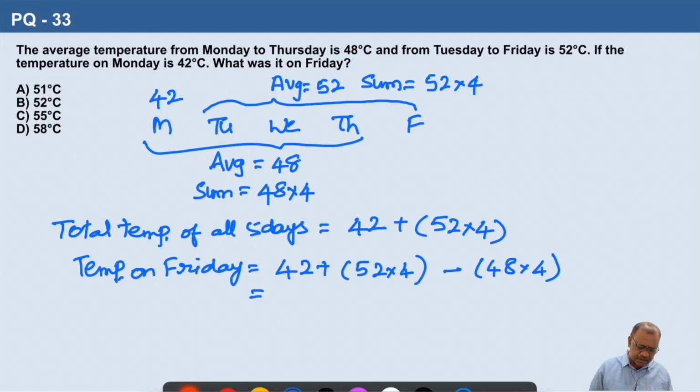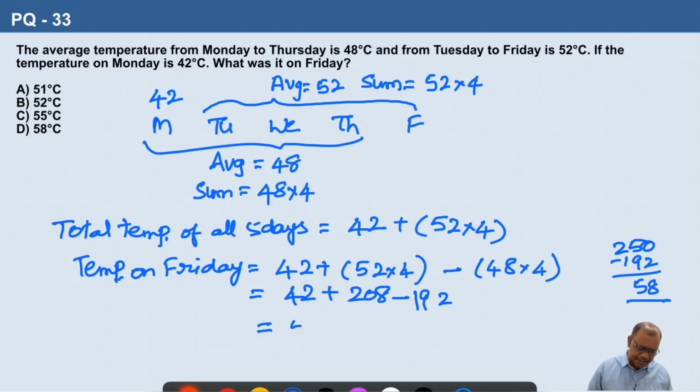42 plus 208 minus 104 8s are 32, 4 4s are 16 plus 3 is 19, 192. 42 plus 208 is 250. 250 minus 192 is 58.